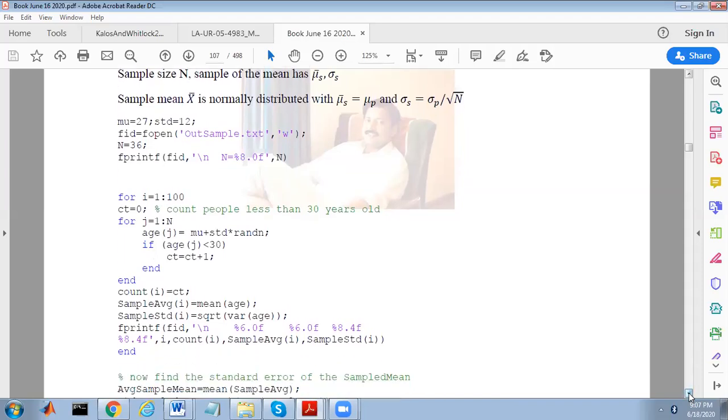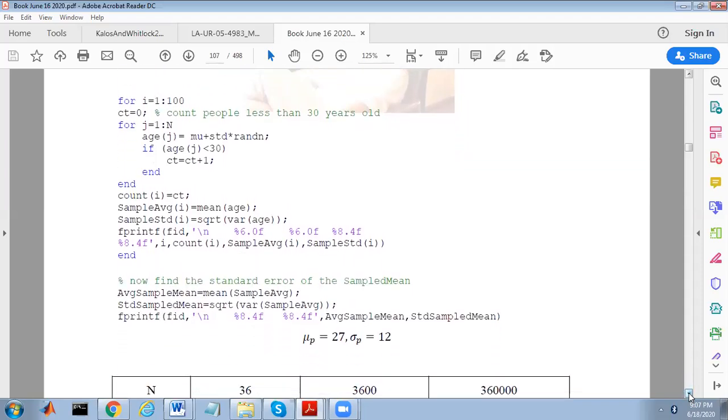This is a problem I saw on the net, from Wisconsin-Madison, my own university. They asked to estimate how many people are less than 30 years old, given a PDF with a mean of 27 and a standard deviation of 12. So here's the program.